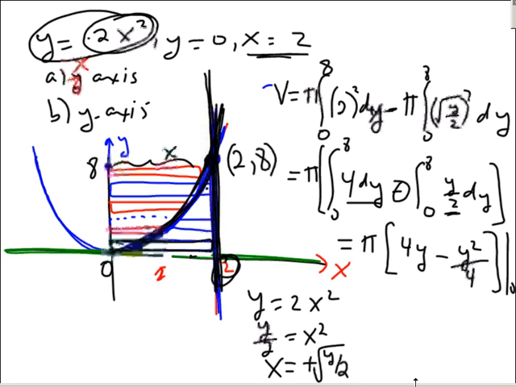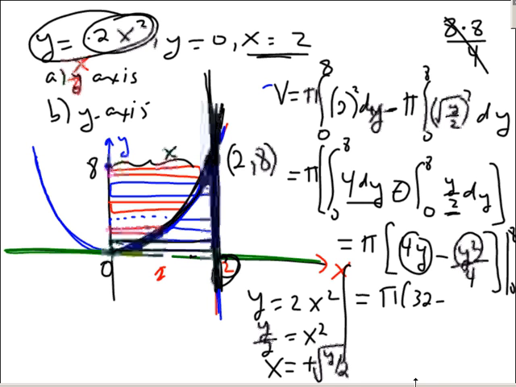And we go from 0 to 8. And now when I plug in 8 in here, I get 32 minus, when I plug 8 in here, I get 8 times 8 over 4. Rather than doing the 8 times 8, I say 4 goes into 8 2 times. 2 times 8 is 16. And when I plug in 0, I get nothing. And it turns out that number is 16. Pi times 16 is the same as 16 pi. And that would be your answer.